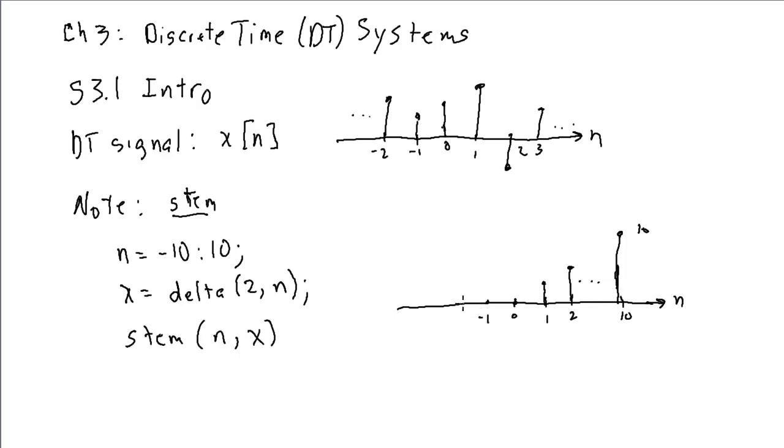And then for all negative values of n, it would be 0. Of course, I can create a shifted ramp. Just substituting n minus 2 would shift this function 2 units to the right. So we can define a discrete time signal directly.